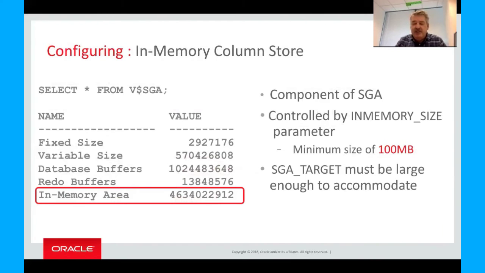But if you had, say, 500 gigabytes allocated to your SGA, you don't want to take a bunch of that memory and put it into the column store, because your other workload is very likely to suffer. The thinking with the in-memory portion of Database In-Memory is that you need to add additional memory to the Oracle database, and allocate that to the column store. And that's something I still come across.